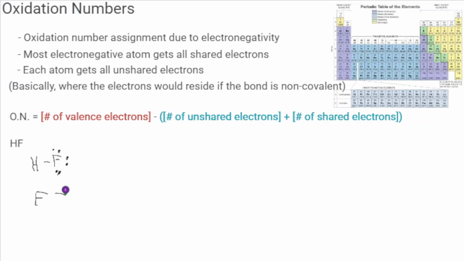So when we're determining its oxidation number, the oxidation number is going to be equal to the number of valence electrons. So since it is over here, we're going to count 1, 2, 3, 4, 5, 6, 7. So it normally has 7 valence electrons.